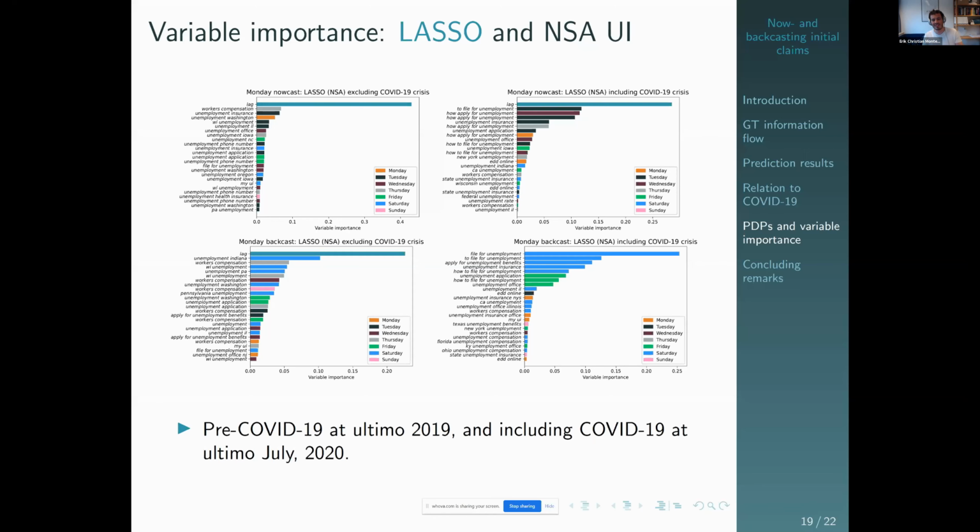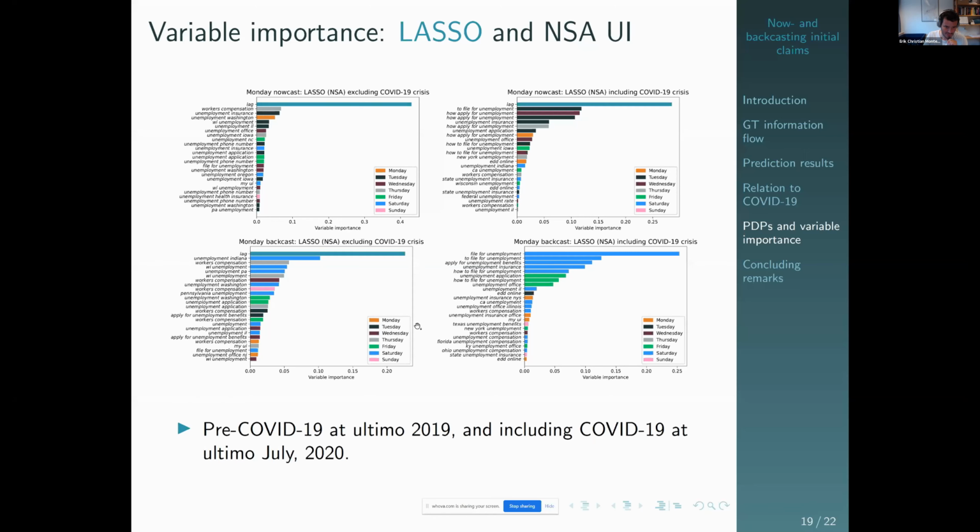So we think that this is quite interesting, because there is a lot of information in the autoregressive term, but as soon as you are in the crisis, and there is an overlap between the week that you're trying to forecast and the timing when these Google searches were made, then the lag structure completely disappears. This is quite interesting for a variable that has an autoregressive coefficient of like 0.98.